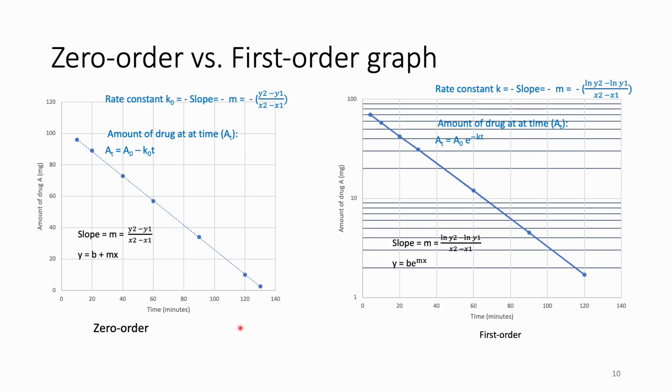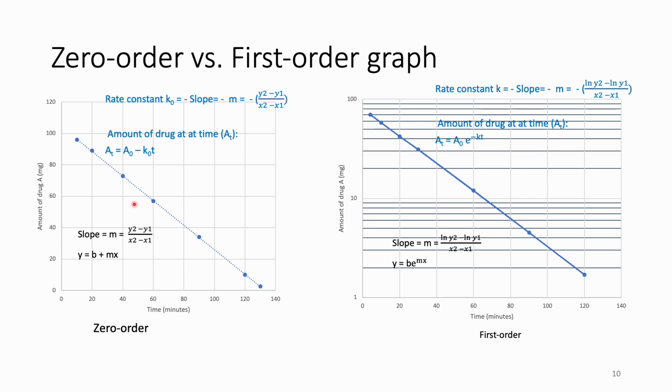For the drugs which do not follow zero order kinetics, what happens? For a drug that doesn't follow zero order kinetics, when you plot the data in rectangular coordinates, you cannot obtain a straight line like this, and then you cannot calculate.